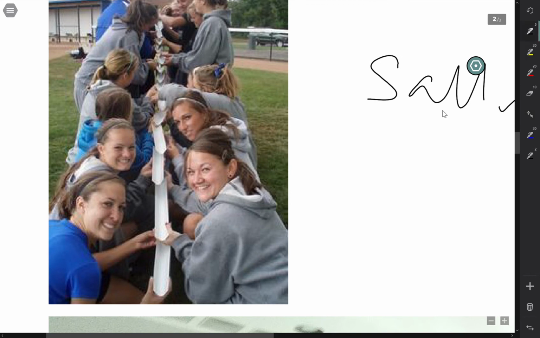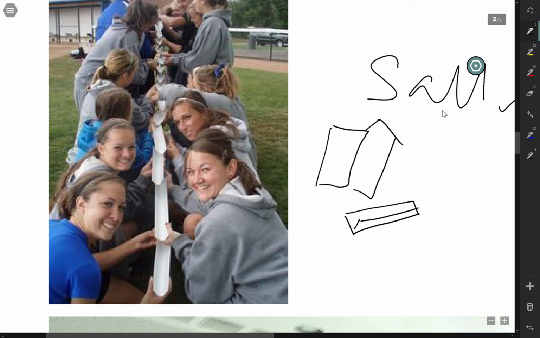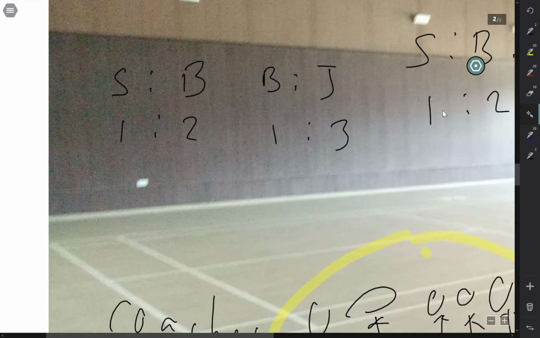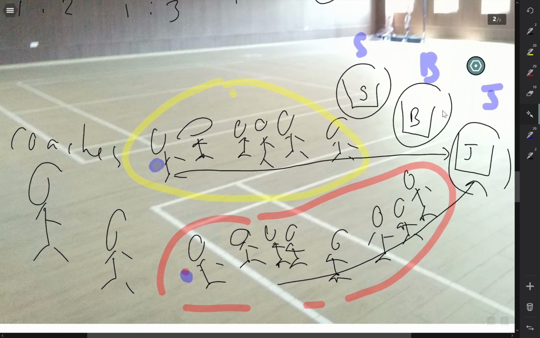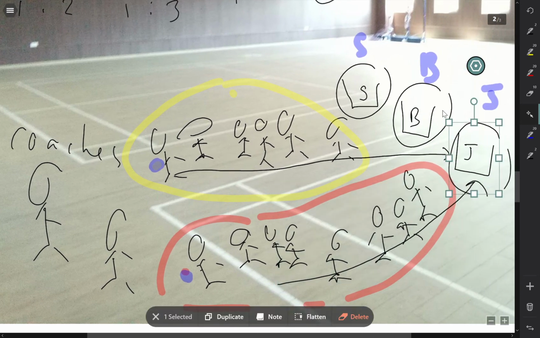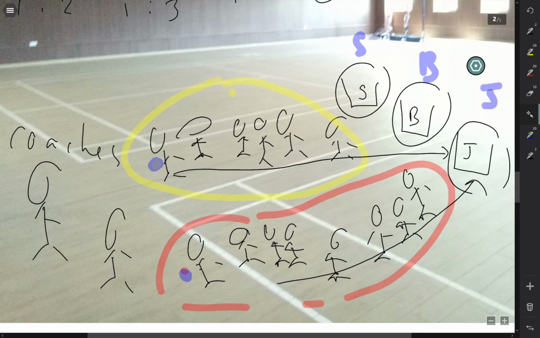We will just fold it in half, like that, to create some kind of a bridge for them to roll the ball over. They're supposed to connect their bridges so that the ball rolls into the correct cup, whether it is Jane, Betty, or Sally.